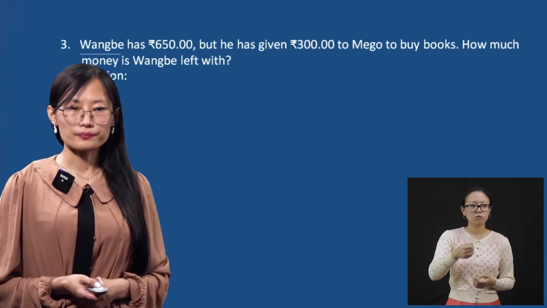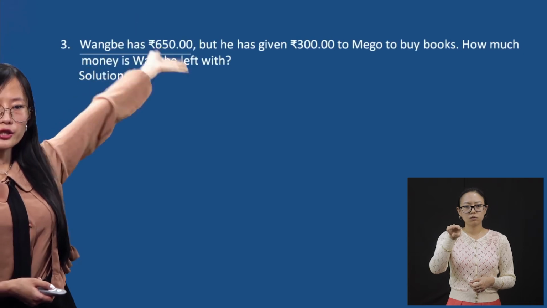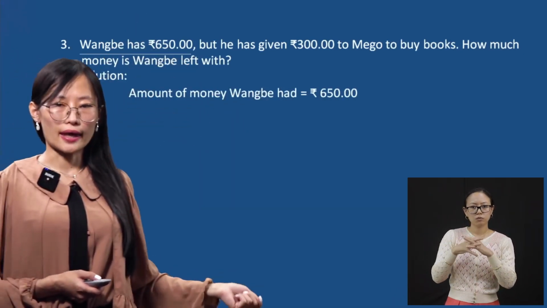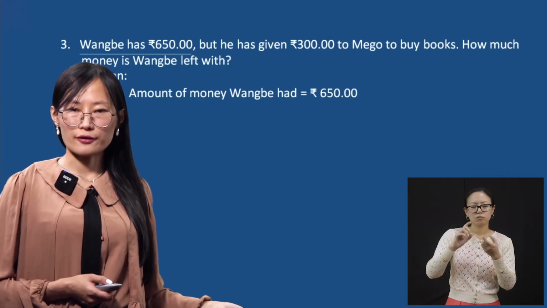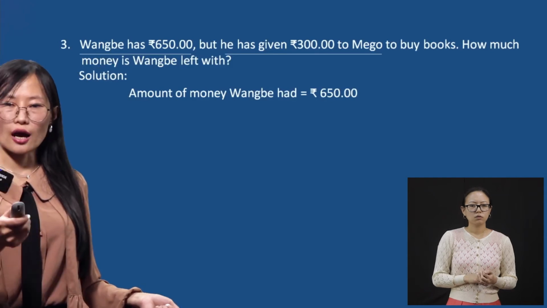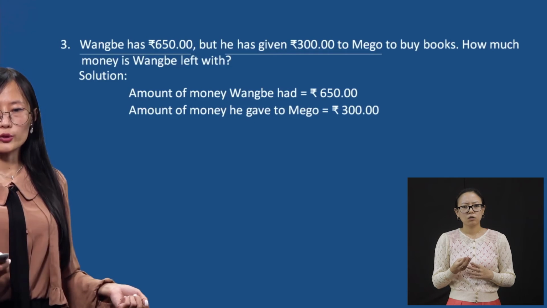So here, Wang Bei had 650, the information given in the question. So the amount of money Wang Bei had is rupees 650. Next, he has given 300 to Meko. So the amount of money he gave to Meko will be 300.